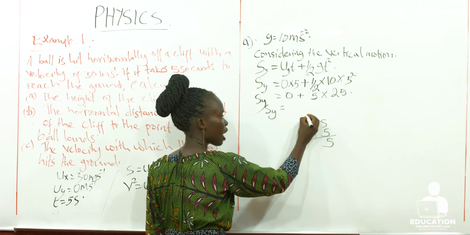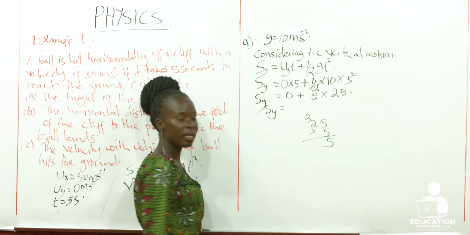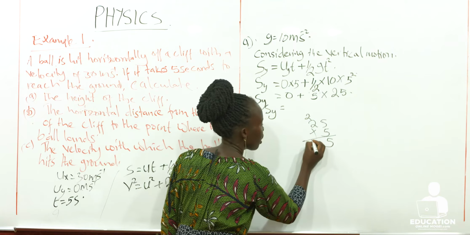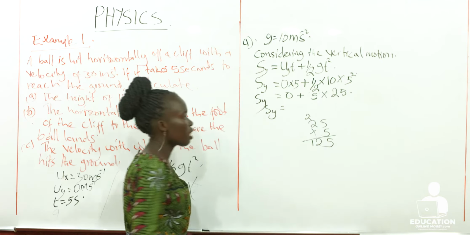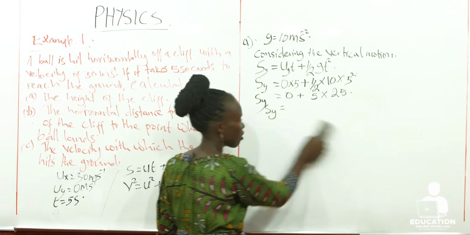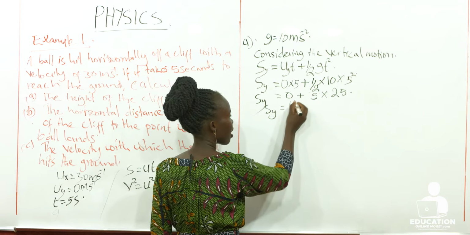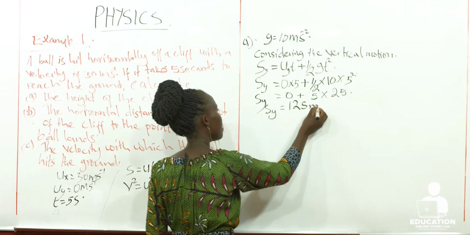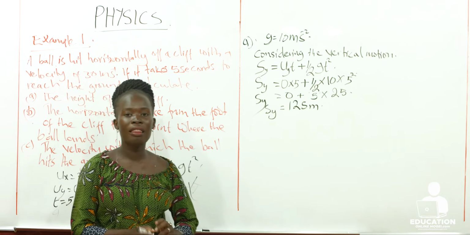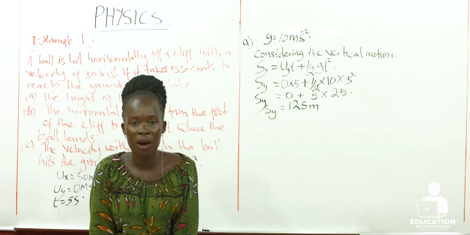You write 5 carry 2. You have 5 times 2, which is 10. Then you add what you carried to give us 12. So here we shall write our 12, meaning that our 5 times 25 is 125. So we shall have our Sy equal to 125 meters. It means that the height of the cliff is 125 meters.